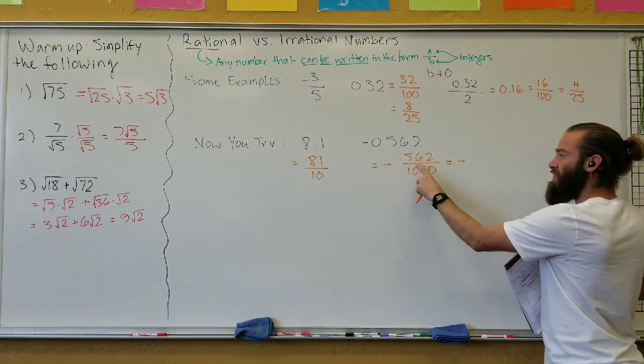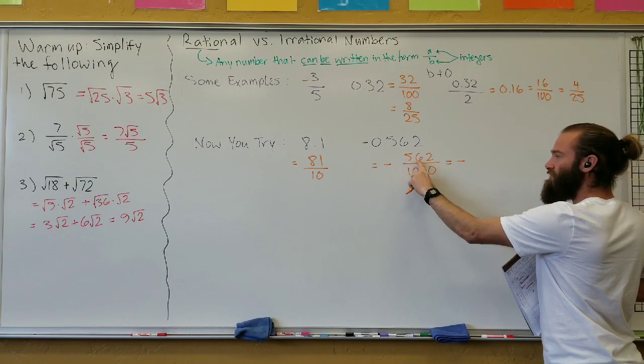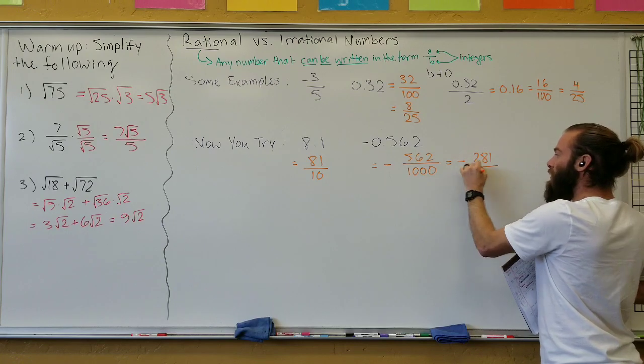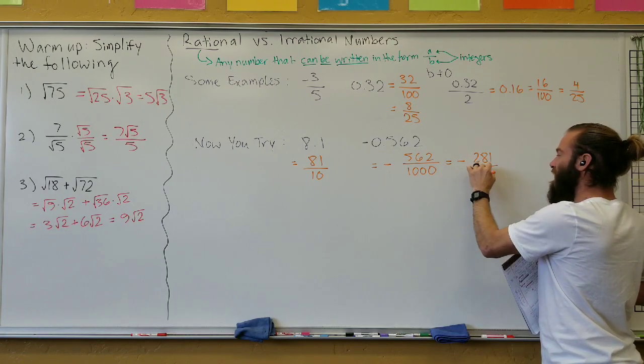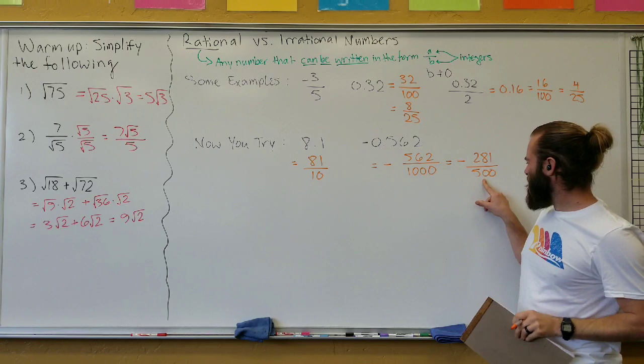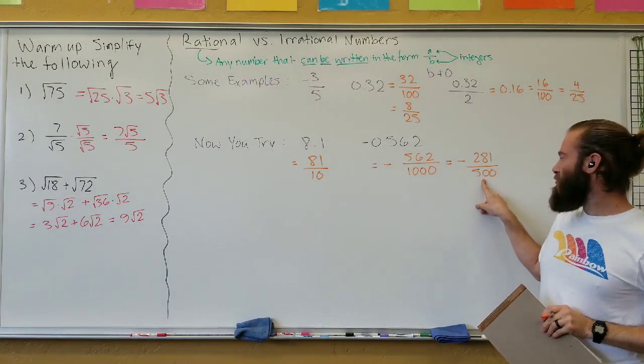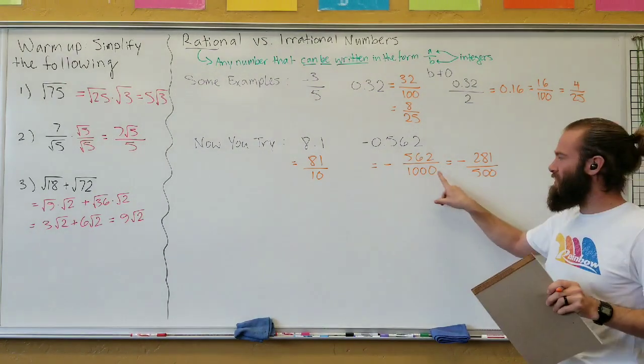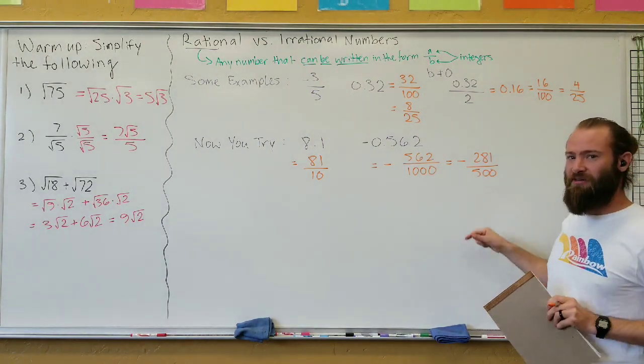But if we did divide this in half, that'd be 281 over 500. And looking at that, I don't think this simplifies much further than that. But you could type this into your calculator and it should simplify it for you.